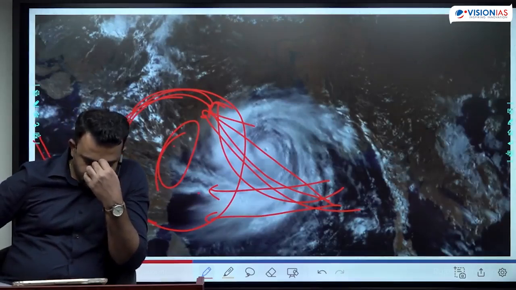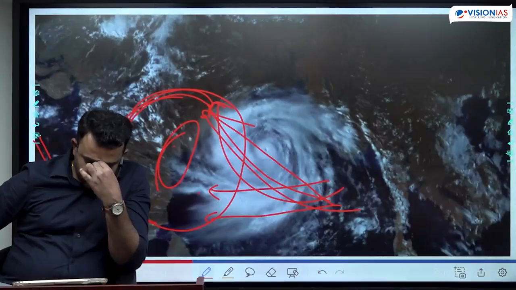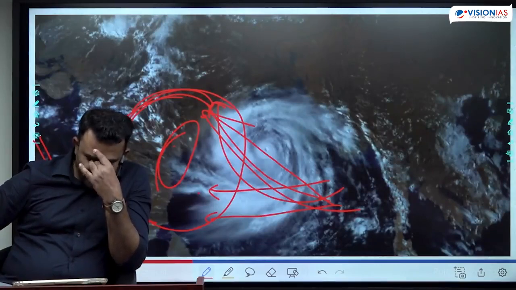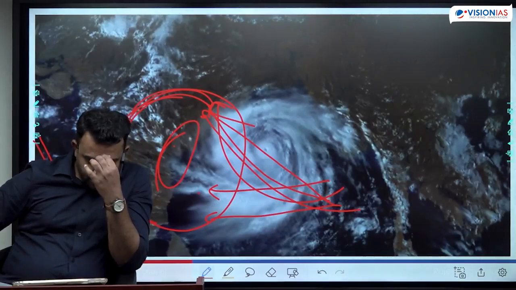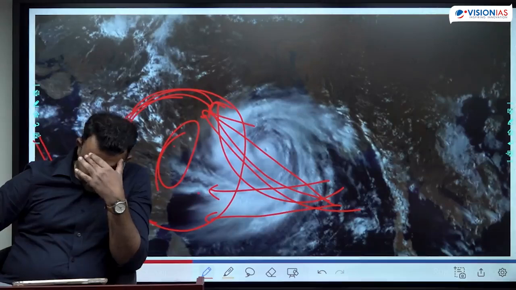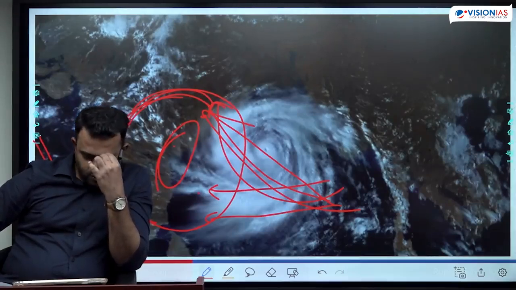Next point. A tropical cyclone continuously moves under the influence of trade winds and gets deflected towards the northwest direction.